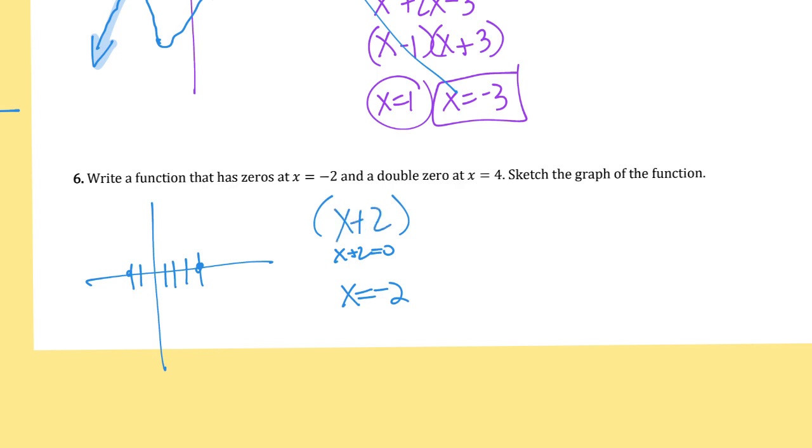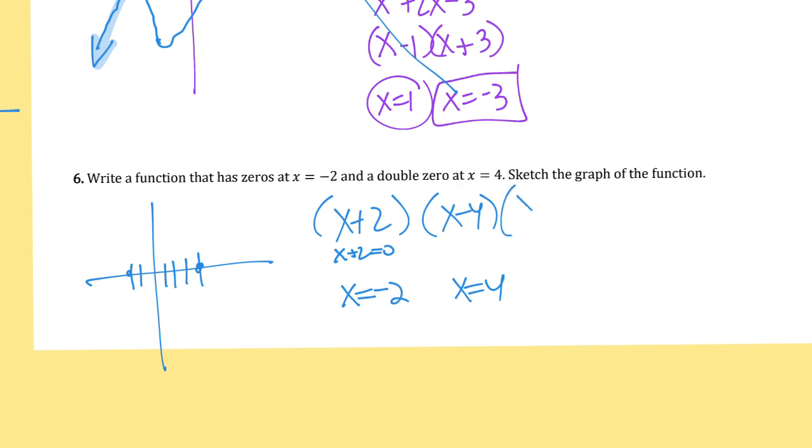Also, if your 0 is at x equals 4, of course it's going to touch at 4, but the factor that made it would be x minus 4. Try it. Set x minus 4 equals 0, solve it, you get x equals 4.